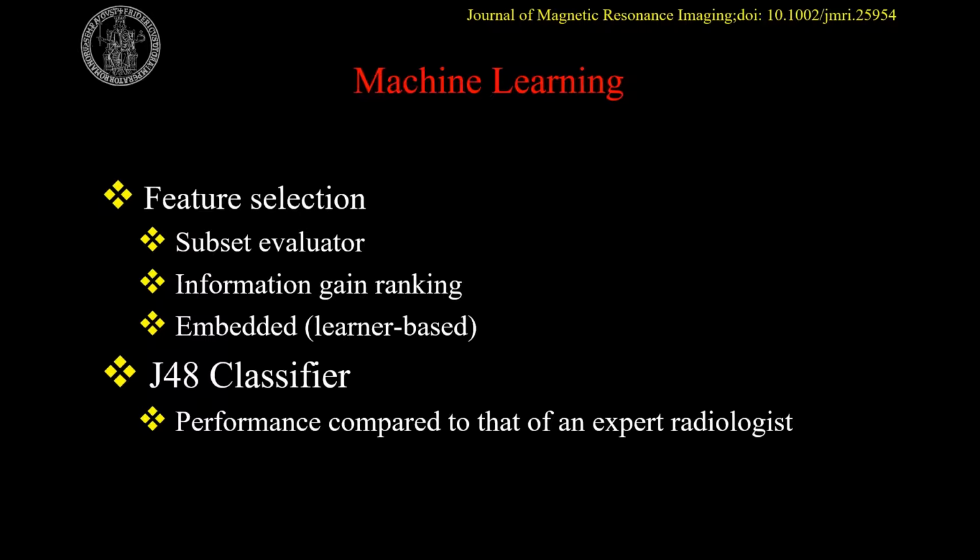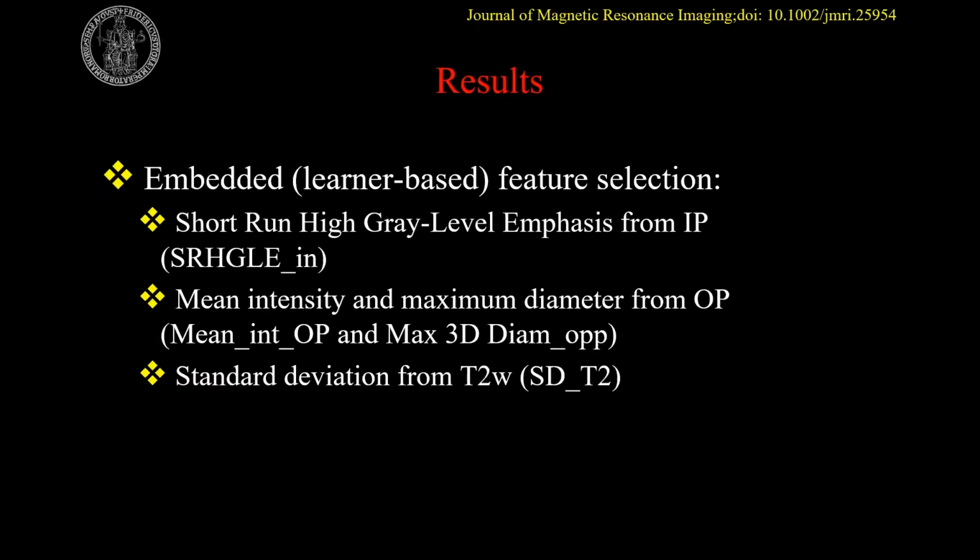The feature subsets that were thus generated were then evaluated by assessing the performance of the J48 classifier with each of them, and to test the clinical applicability and validity of our findings, the performance of the J48 classifier was compared to that of an expert radiologist who independently evaluated all cases blinded to their nature.